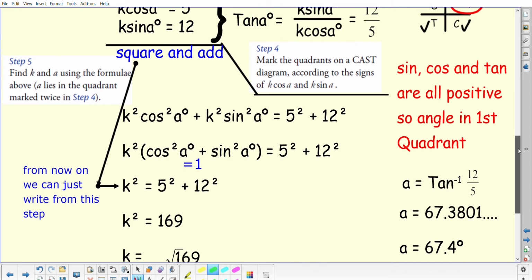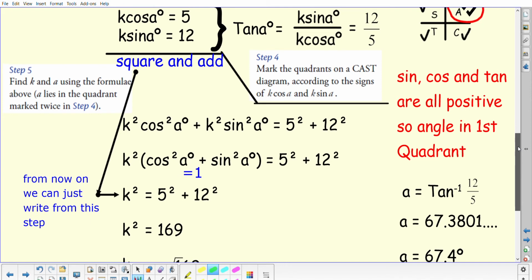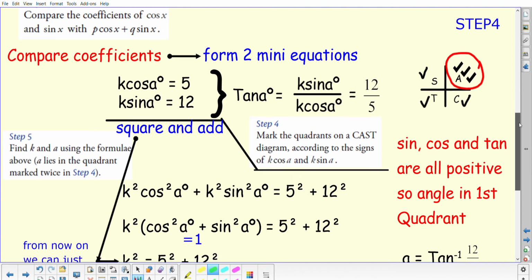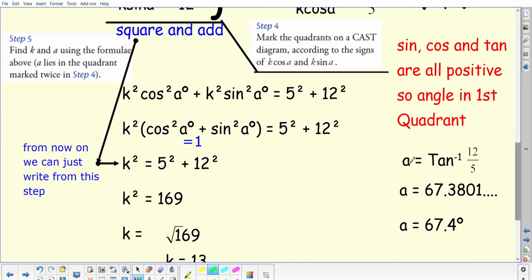I know there's loads of writing and stuff on this, but I will print it so you can have another look at it. But what you would be writing, you're not writing all the writing. You would just be writing tan A equals k sin A over k cos A equals, and then put your two numbers, match it. CAST diagram, so you know what quadrant to look for your angle in, and then you do this little calculation.